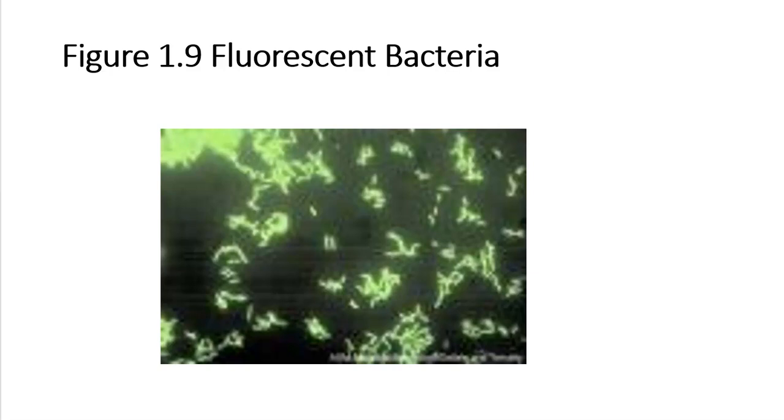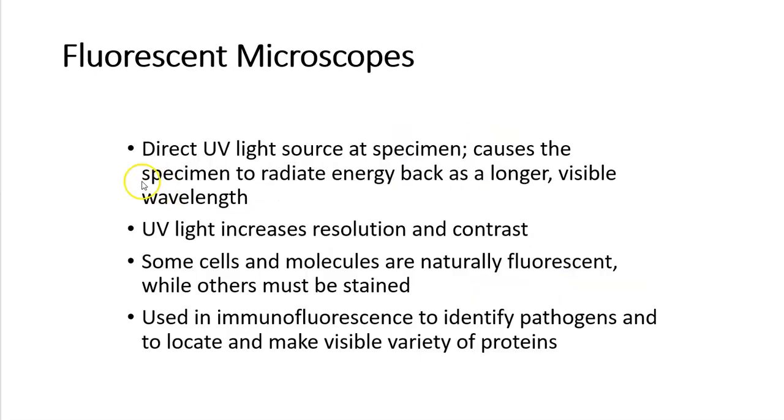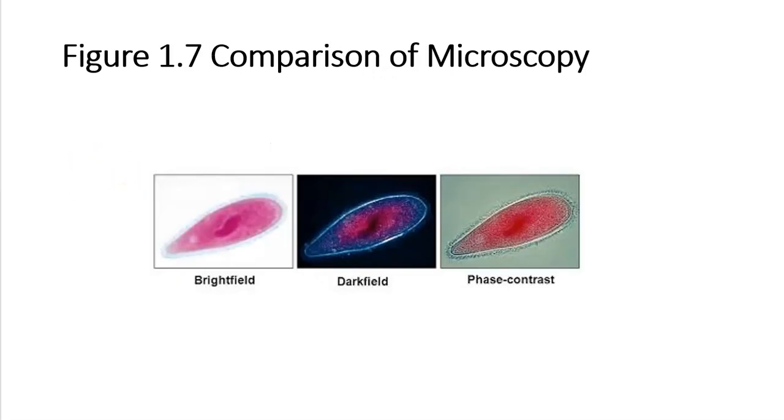Okay. And the one thing we have to talk about is resolution. I talked about the ability to see resolution. Well, resolution is the ability to see two objects as two separate and distinct objects. So as you go up in these microscopes, the ability to see these objects increases.